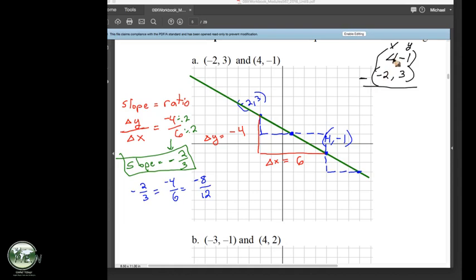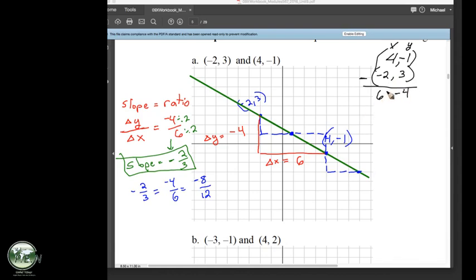Okay, so then we do 4 subtract -2. Minus minus 2 is like plus 2, right? So 4 plus 2 is 6. And then -1 subtract 3. Same sign, so I add them together: -4.